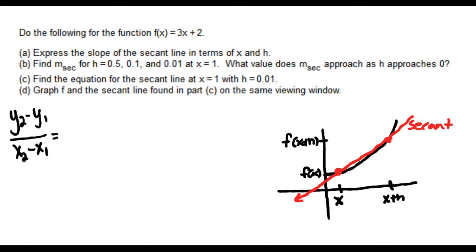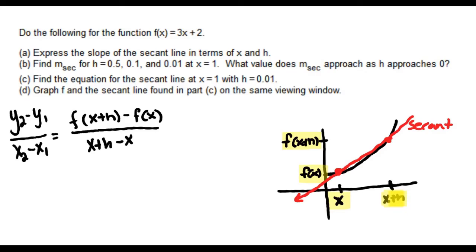So we'll use this f of x plus h as our y2 and f of x as our y1. That will give us f of x plus h minus f of x all over, and we're going to use x plus h as our x2 and x as our x1. We have x plus h minus x.